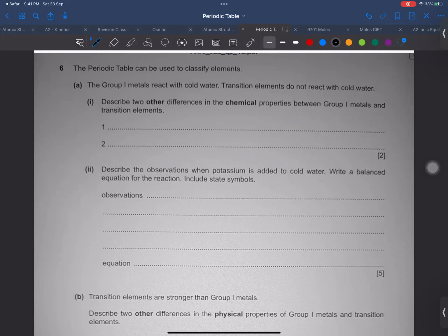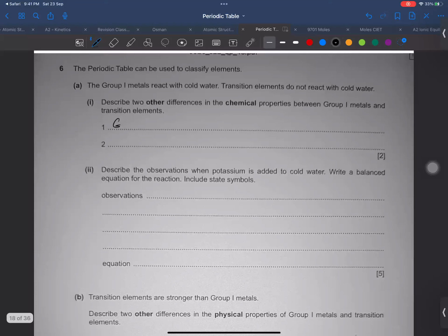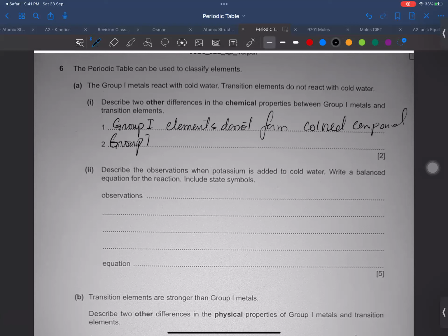So we can say that group 1 elements do not form colored compounds. Or you can say that group 1 elements do not act as a catalyst. So this is the difference between group 1 and transition elements.